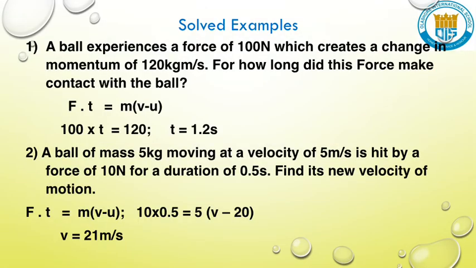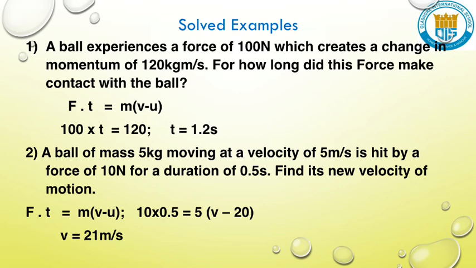Let's see a solved example in this regard as well. We have a ball that experiences a force of 100 newtons and creates a change in momentum of 120 kilogram meters per second. You are now asked for how long the force made contact with the ball. Here, we are already given the change in momentum.